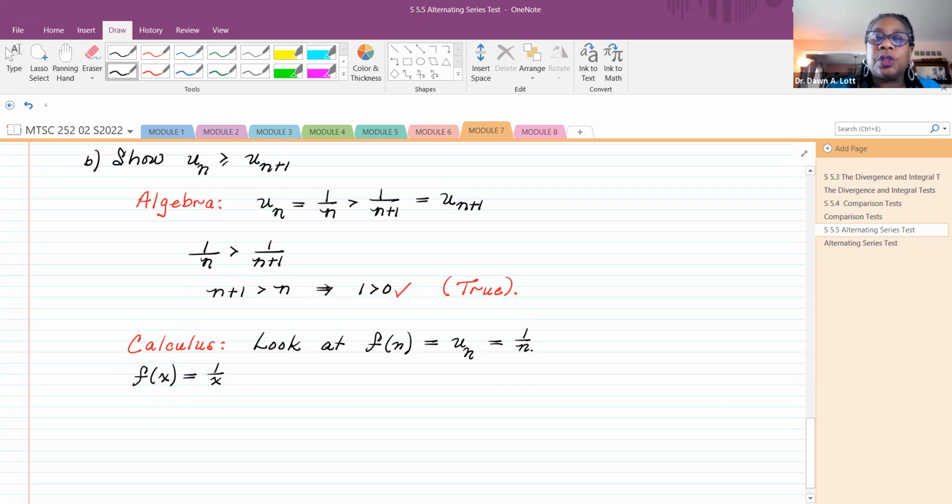What can I do to show a function is decreasing? You remember finding intervals of increasing and decreasing in calculus 1? So for intervals of increasing and decreasing, what did I look for in order to determine when my function was increasing or decreasing? What did I look for?